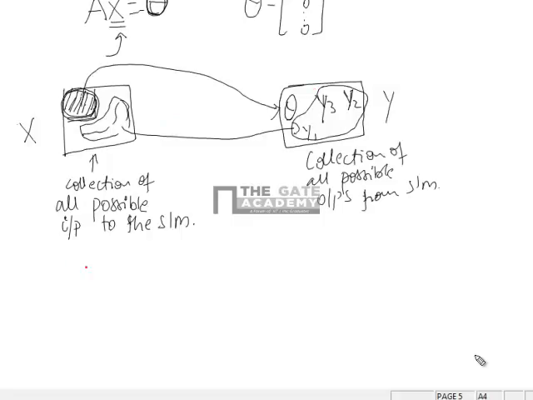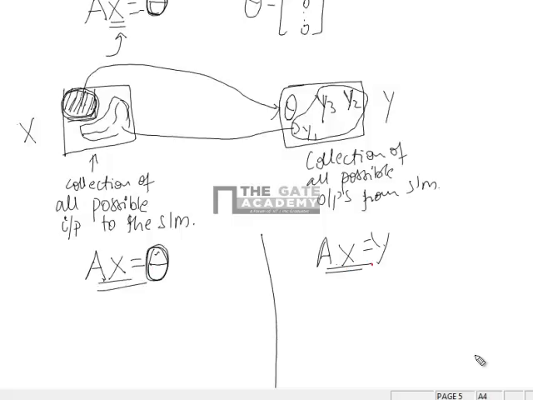So I need to know Ax equal to 0. This 0 is a matrix, okay, or I can call it theta, and I need to know Ax equal to y. I need to analyze both. When will this happen and when will that happen, what do I mean by this and what do I mean by that, to study the system completely. Correct?